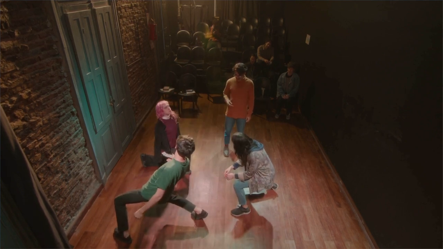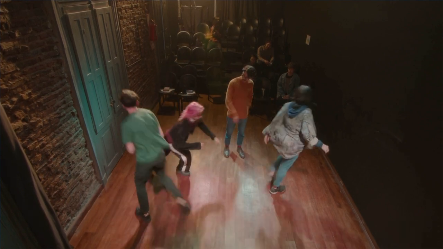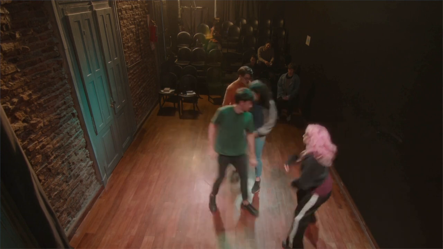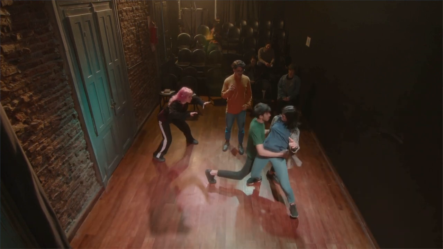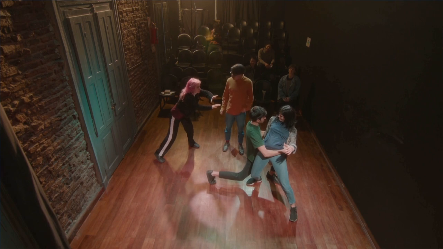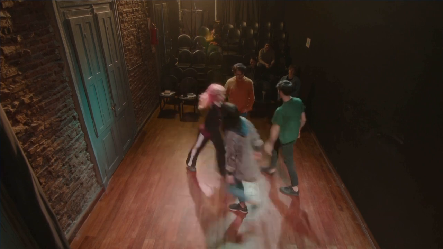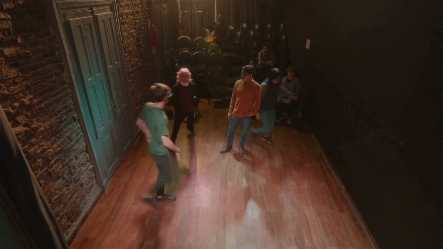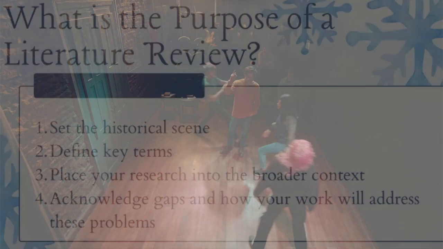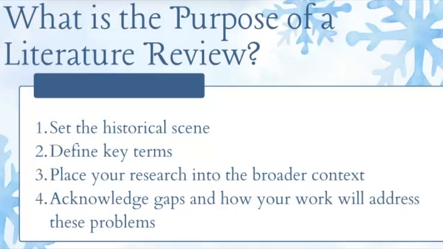It's going to help identify and define any key terms that you'll use in your paper. It's going to put your research into this broader context of that historical scene and background that you just developed. And then through that, you're also acknowledging any of the gaps from that prior research, and now how your paper and your work is going to fit to address those gaps and those problems.